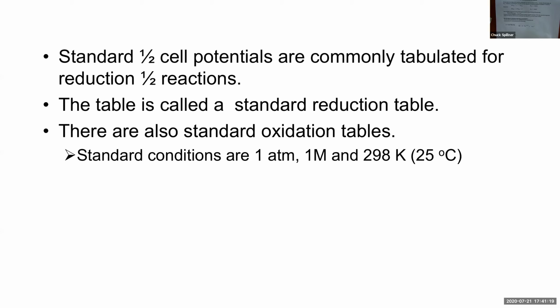When we look at these cell potentials for reductions, the higher the E0 reduction, the stronger that pull is for electrons. You could think of it as electronegativity, except electronegativity has to do with the attraction for bonding electrons.